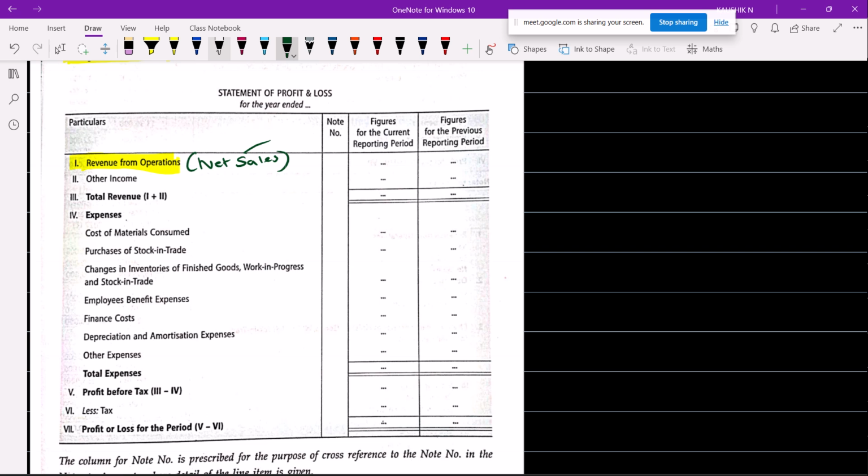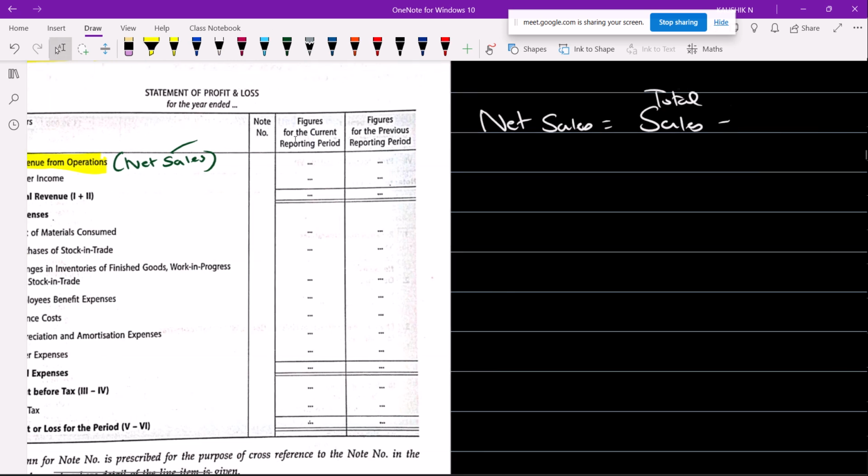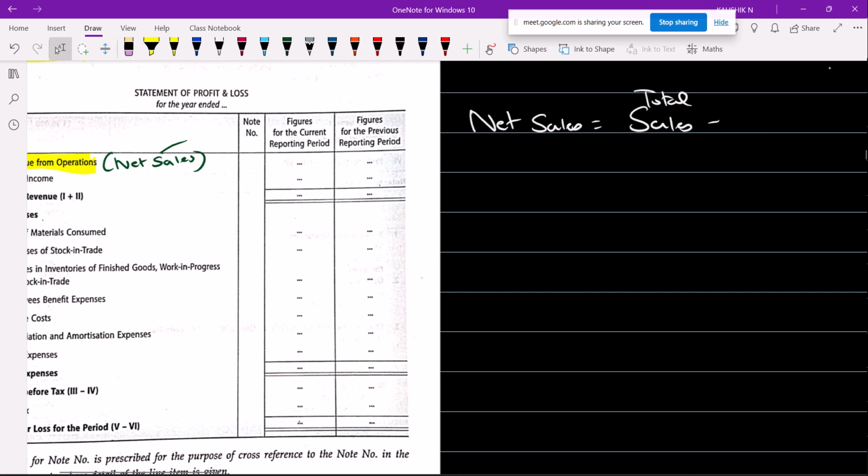When the word net sales is used, remember, net sales is nothing but from the total sales you subtract the returns. What returns? From the total sales you subtract your sales returns, you'll get net sales.